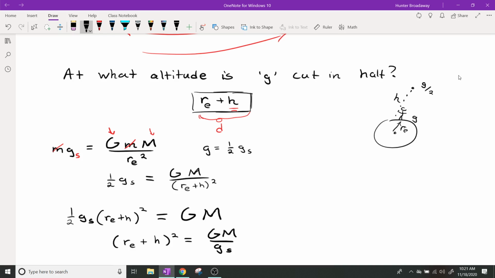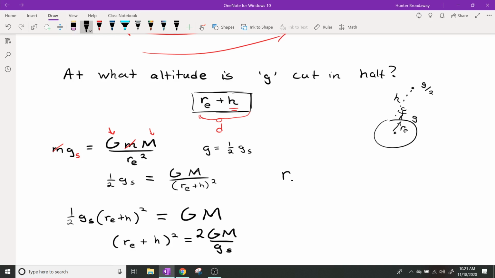And since the 2 is on the bottom, we're just going to flip this back over to the top. So that'd be 2GM over little g. Okay. Now we need to square root. So we're going to take the square root of that.